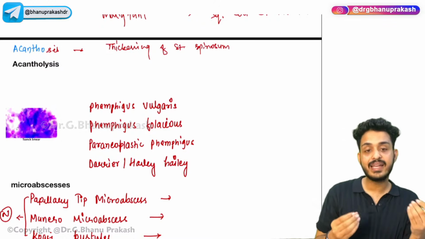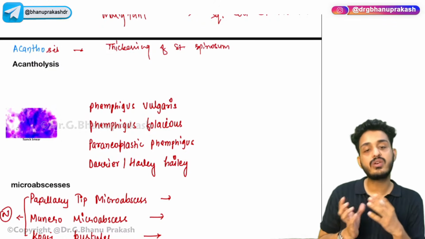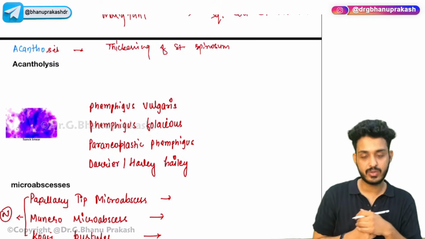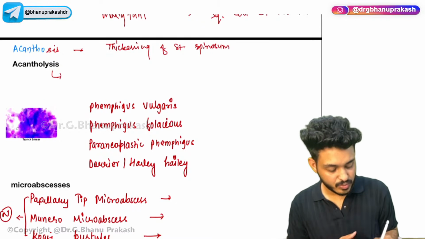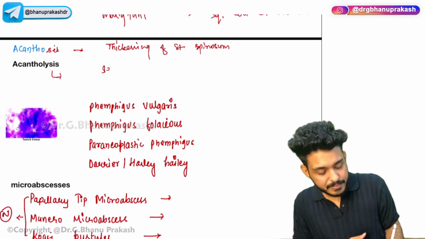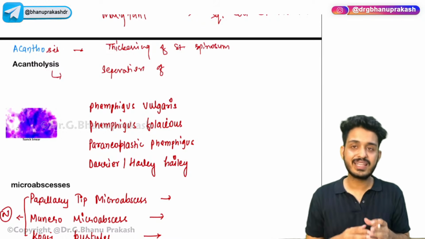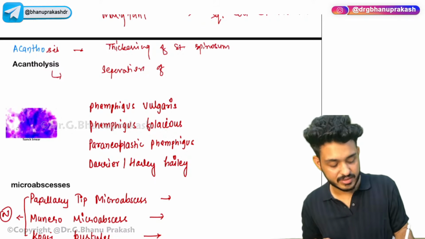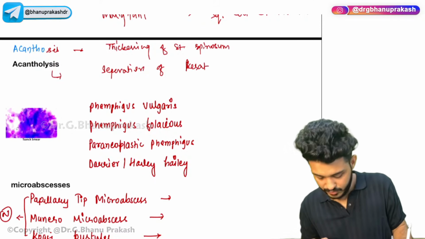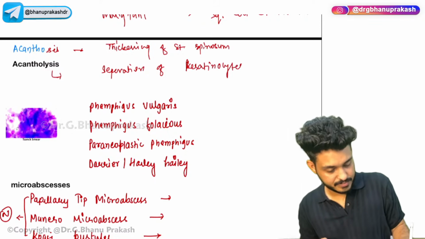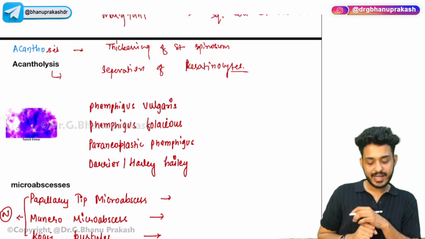Acanth is a spine-like cell, and spines are a feature of which layer? That is stratum spinosum. Acantholysis means there will be separation of two keratinocytes. That is known as acantholysis.